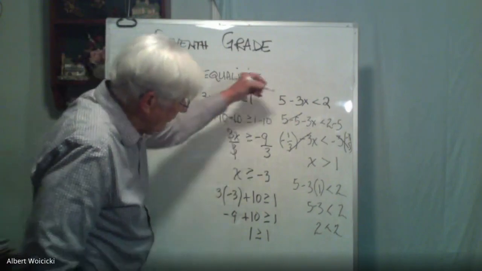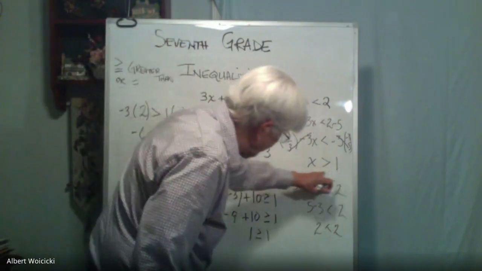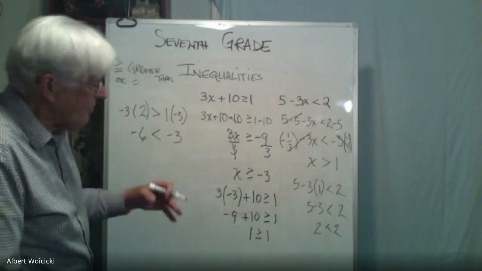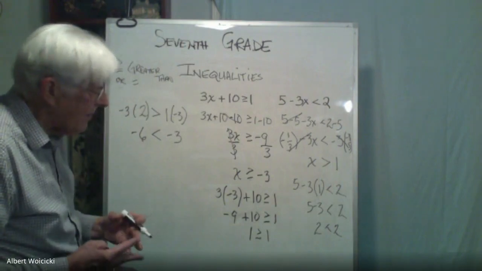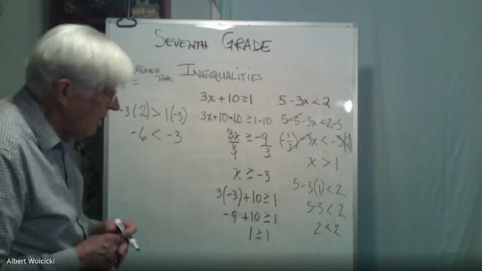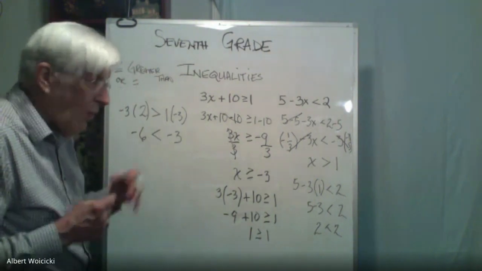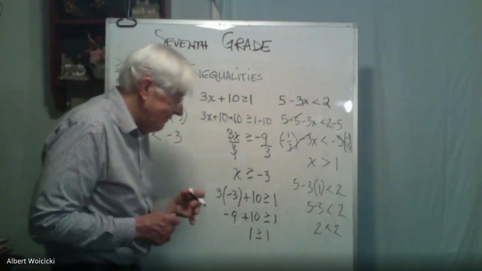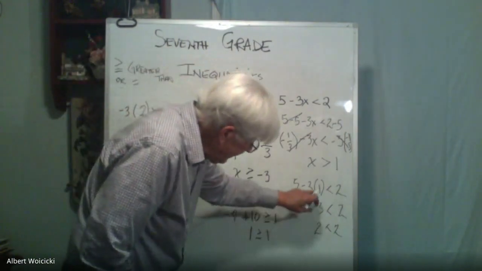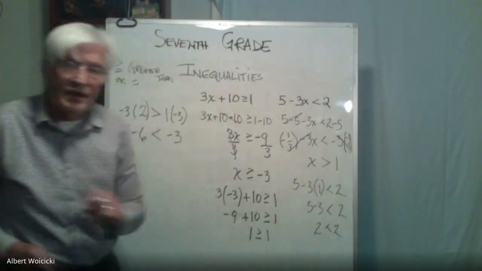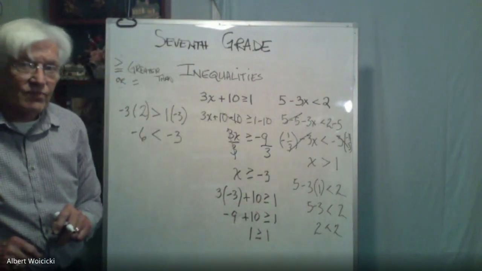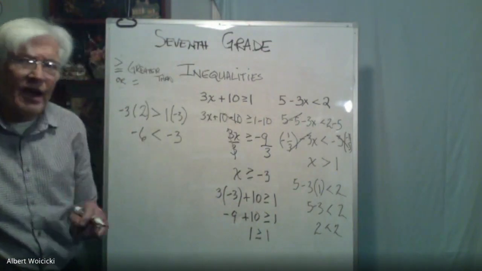So is this answer here, x is greater than 1, a solution for my problem? Well, think about it. Here I put in 1, didn't I? That's not right, though.